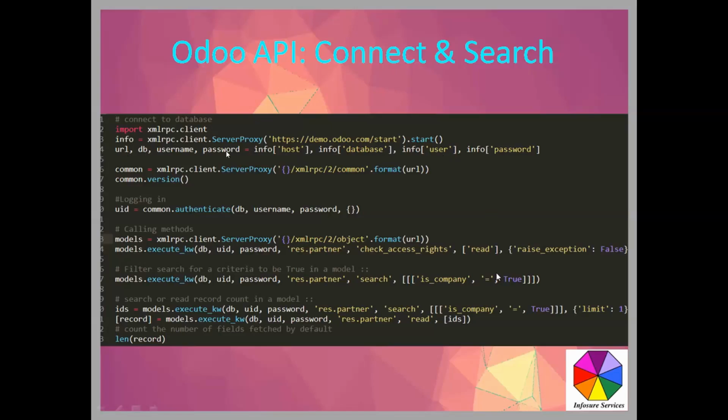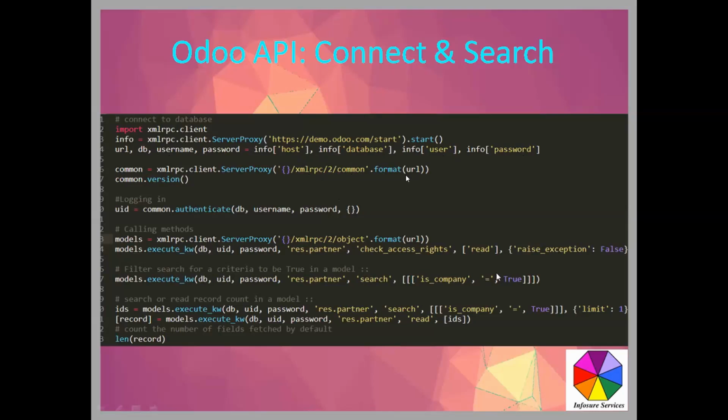These are the comma separated dictionary values, so each variable is assigned in its order. So URL is going to take this value, DB is going to take this database value, like so. So it's a call, and then it's coming back, common dot authenticate.